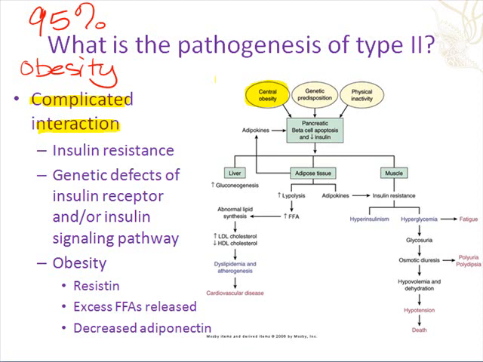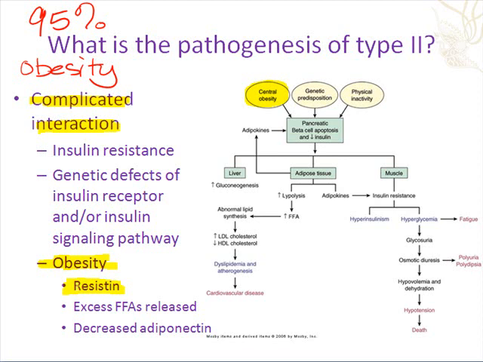Why central obesity is implicated in the development of type 2 diabetes is still debated, but there are a number of factors we think may contribute to this, including the fact that we know adipocytes, or fat cells, produce a protein, or hormone, called resistin.